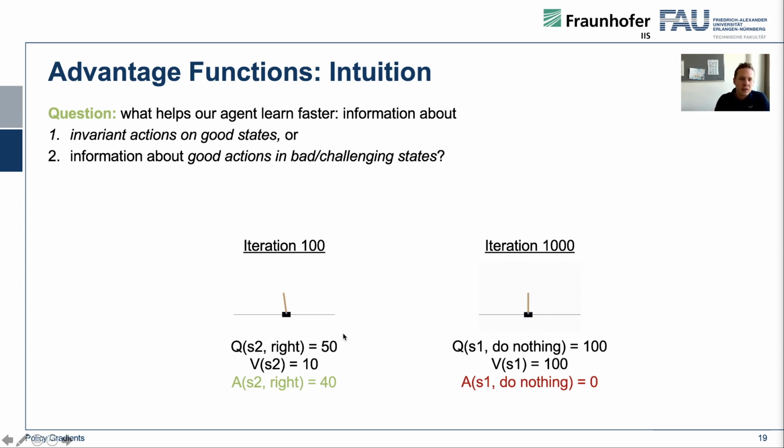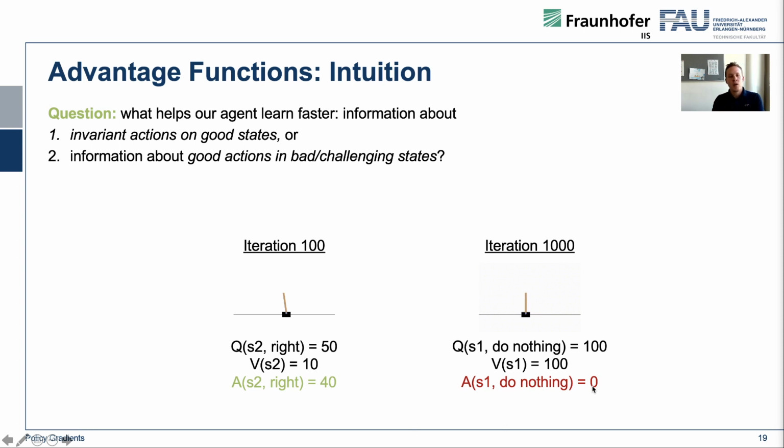So in this sense, the Q function is much, much smaller in general, because it's only 50. However, taking the right action here is much, much better than the state value you're currently in. So if you now take the advantage instead of the Q function itself, it is 40, while it is 0 in the other case.